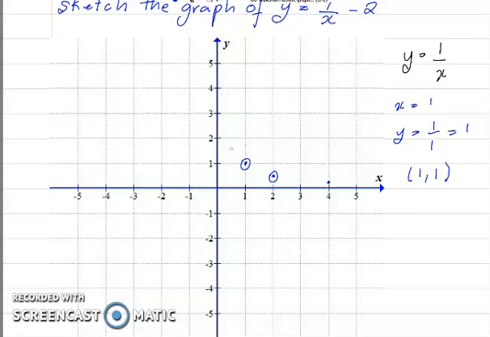When x is equal to a half, y is equal to 1 divided by a half, and 1 divided by a half is the same as multiplying by 2. So you have 1 multiplied by 2, which is 2. So a half, 2 and a quarter, 4. Those are some points on the graph. Now let's see if we can get a curve.